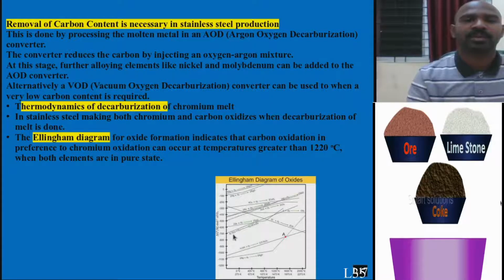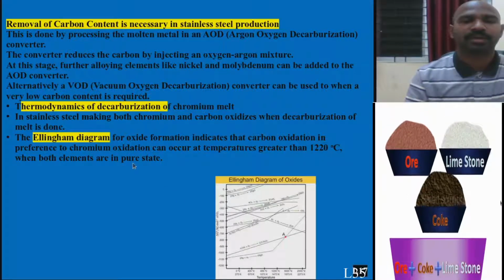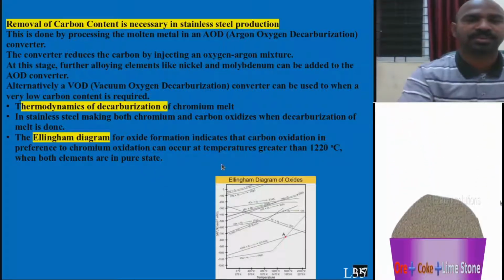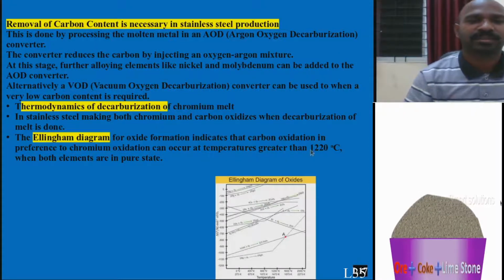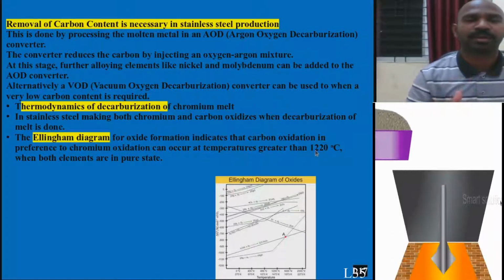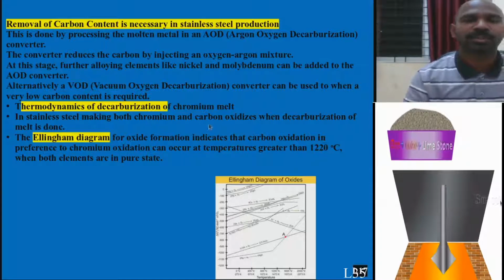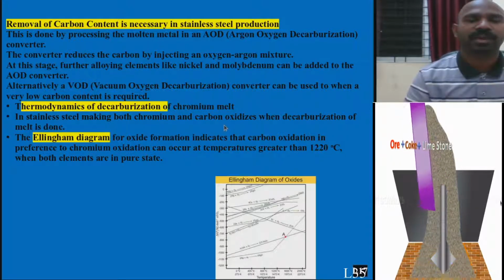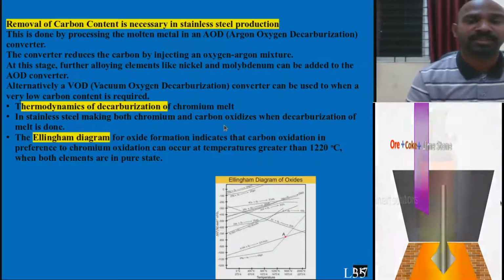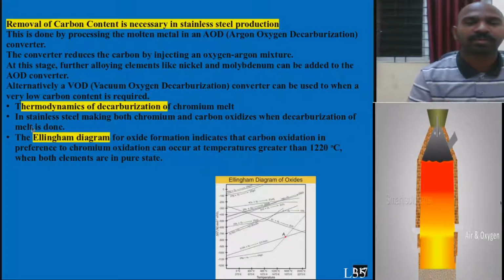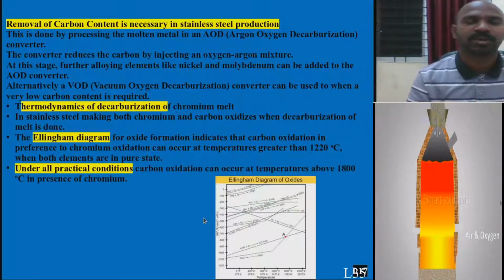Since chromium and carbon are in the pure state, even at a temperature of 1220 degrees Celsius both chromium and carbon oxidize, which is not beneficial for the stainless steel production process. That is why this point has importance in stainless steel production.